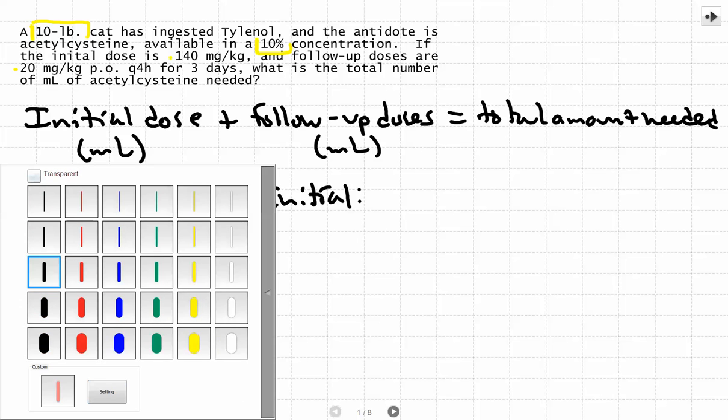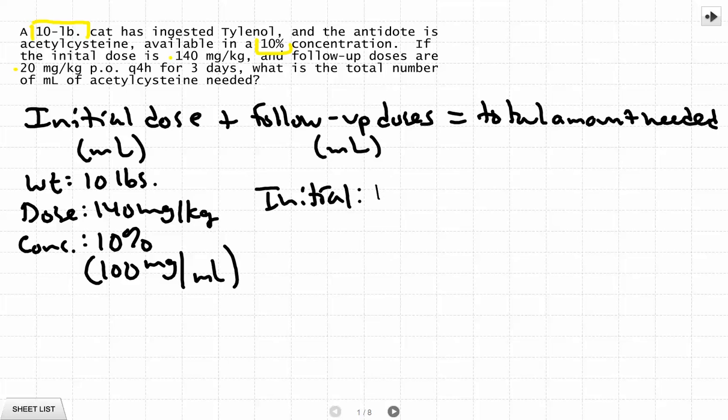What we want to do is start with the weight of the patient, which is 10 pounds. Change it from pounds to kilograms, because we are giving 140 milligrams per kilogram, so we want to be out of pounds and in kilograms.